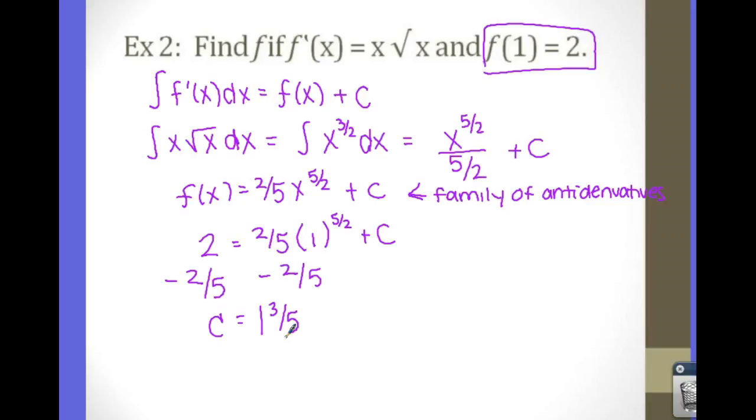Okay. Do we see how I found c? Sure, 1 and 3/5 is 8/5. Improper, I mean, you like improper.